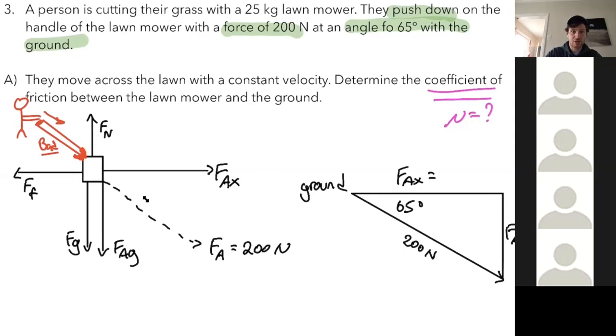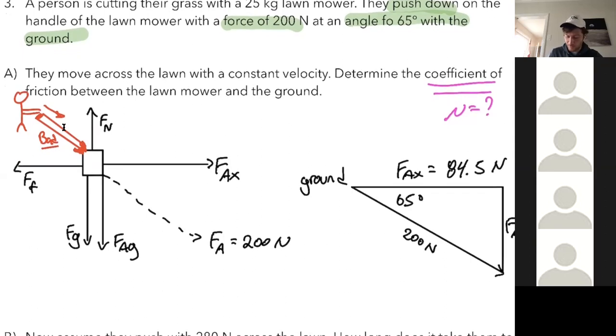I'm just going to jump to the values because we're smart cookies now. We've got an FAX of 84.5 newtons and an FAY of 181.3 newtons. You should be able to find those components, no problem. It's just SOHCAHTOA. Okay, fantastic.